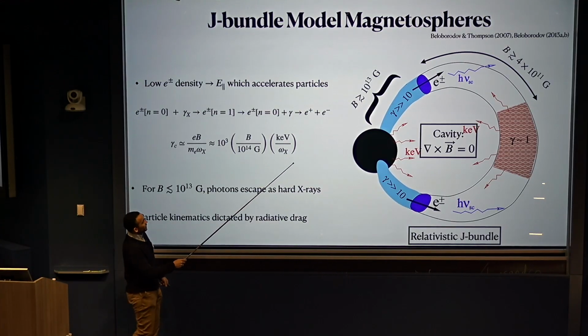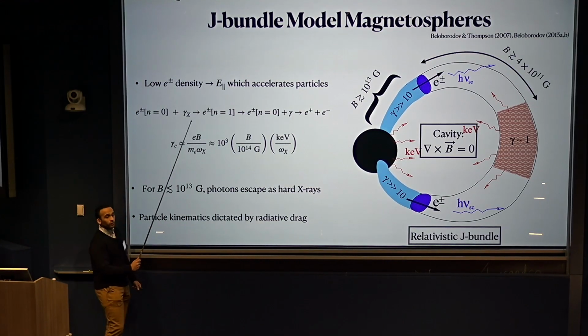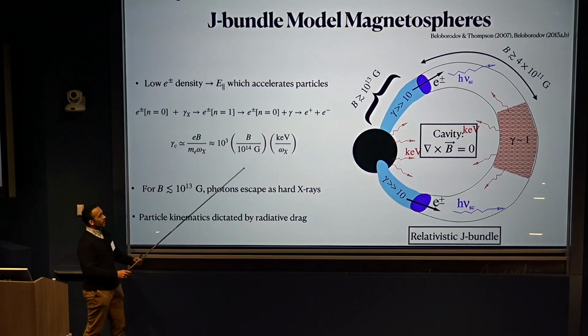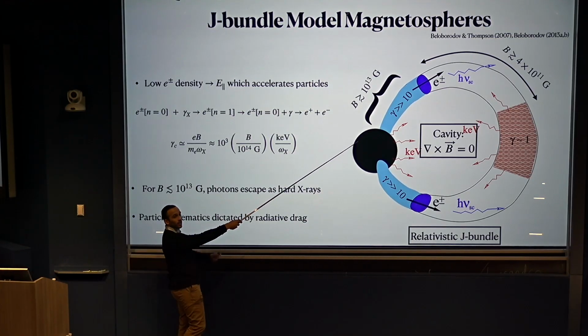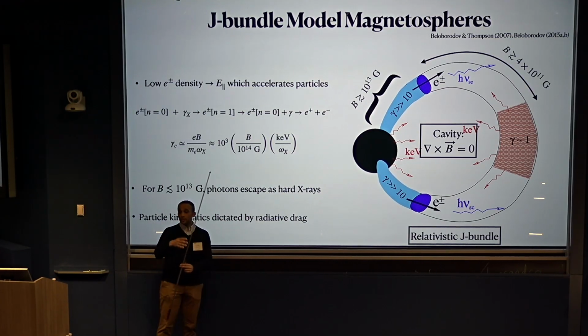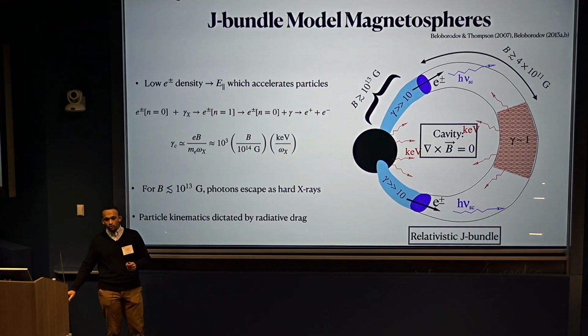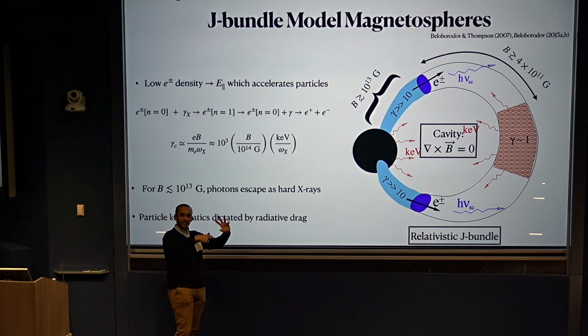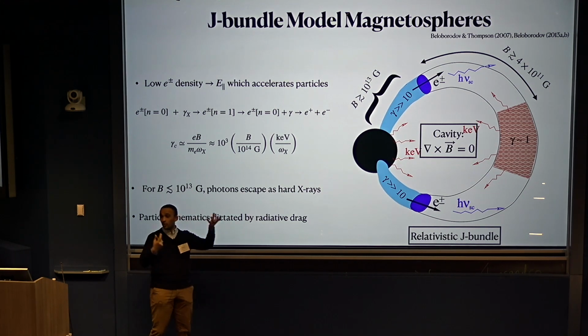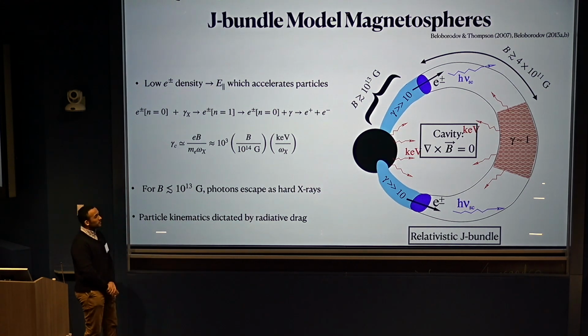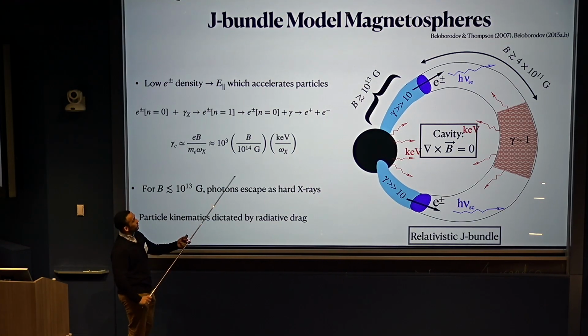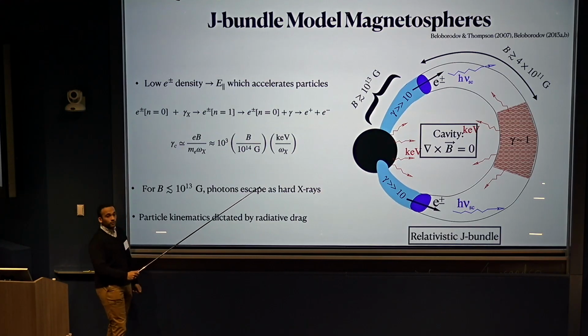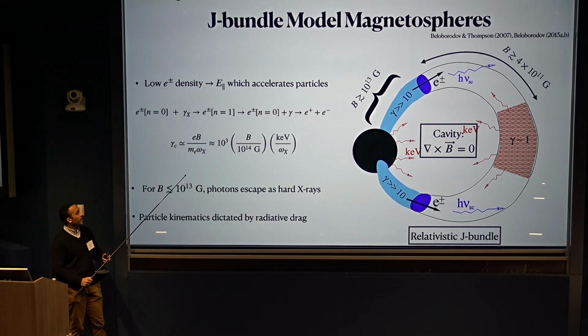The idea is that if you have a sufficiently low electron-positron density in your magnetosphere, and I take a little bundle of field lines and I just twist it, and by twisting, what I mean is, you imagine I just take the surface and there's a little disk of field lines and I just literally twist that disk. That's one way to think about what that twisting is. If I have a sufficiently low plasma density, then an electric field will develop. And this electric field can accelerate particles to high energies.